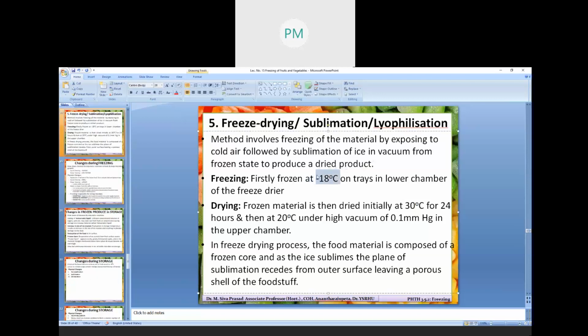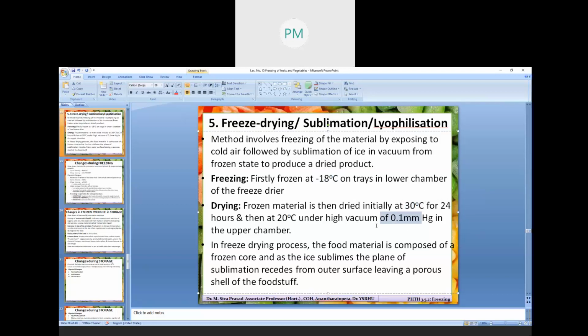You freeze it to minus 18 degrees Celsius, and then you dry it at 30 degrees Celsius. At what pressure? This is most important: at a pressure of 0.1 mmHg.